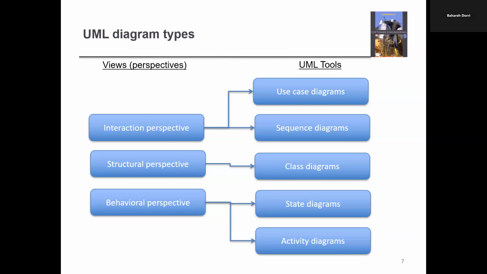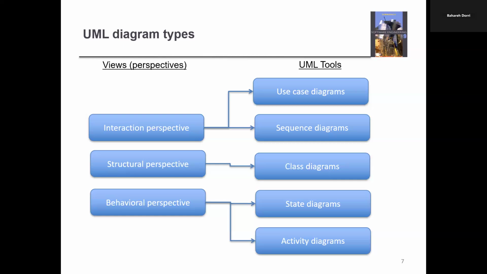And then there is the behavior perspective. This one looks at how the system acts, how it behaves in different situations or in response to different events. To model this, we use state diagrams, which show the different states an object or system can be in, and activity diagrams, which help us visualize workflows or processes.